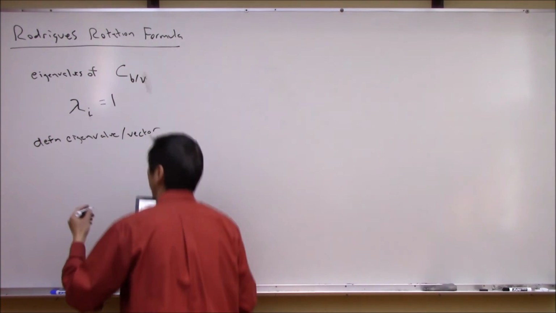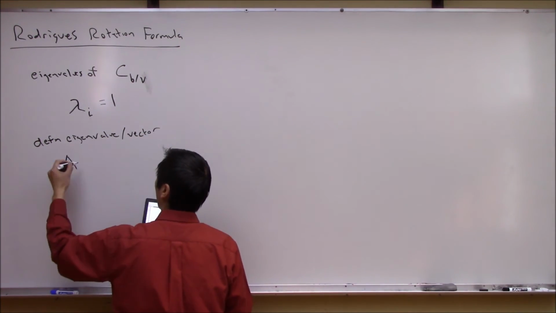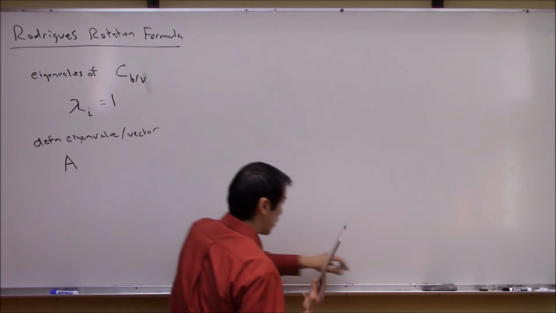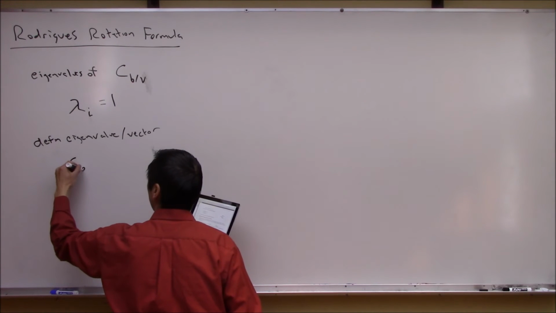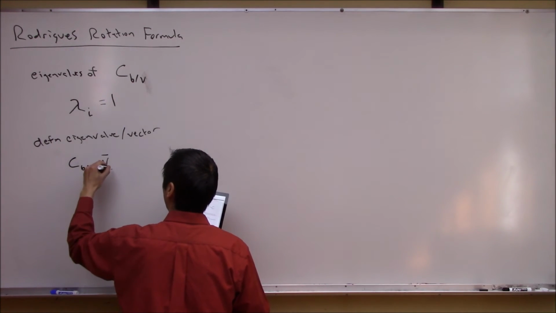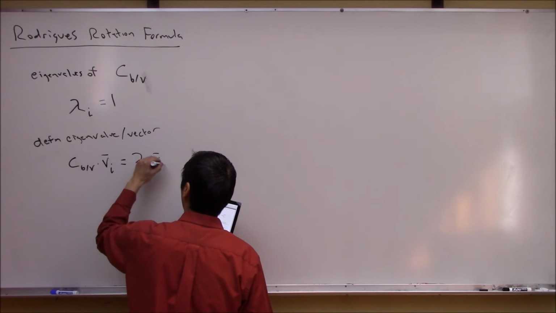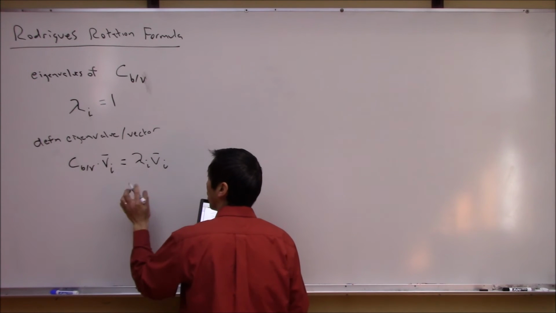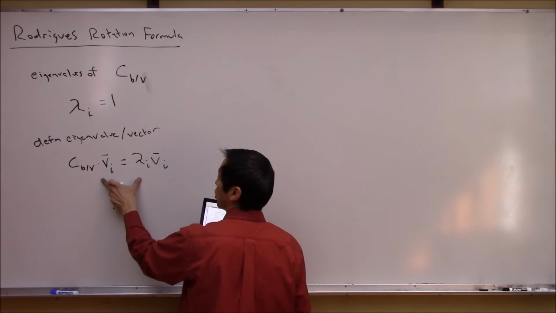For any matrix, and let's keep calling it CBV because that's the matrix we're talking about, the matrix times the associated eigenvector, let's call it VI, is equal to lambda I VI. That's the definition of an eigenvalue and eigenvector.